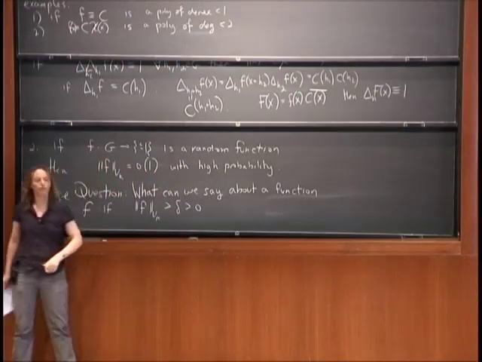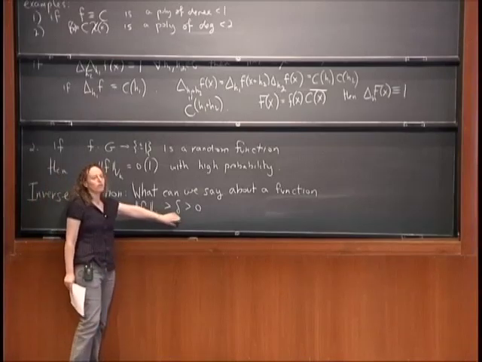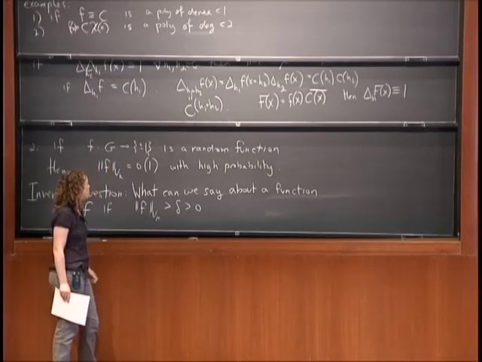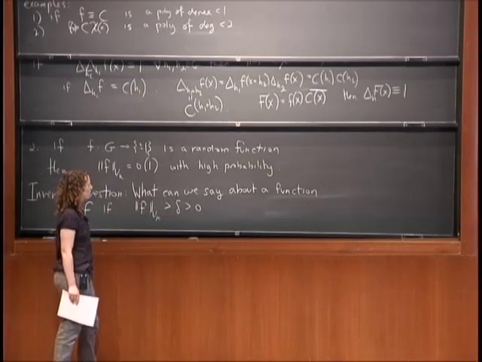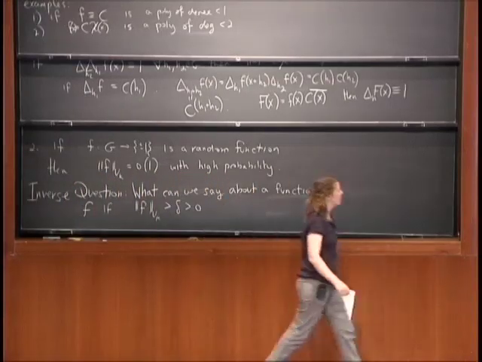Okay, so again, you can think of it as a sequence of groups growing with n growing. So what can you say about a function f for which this is greater than 0?